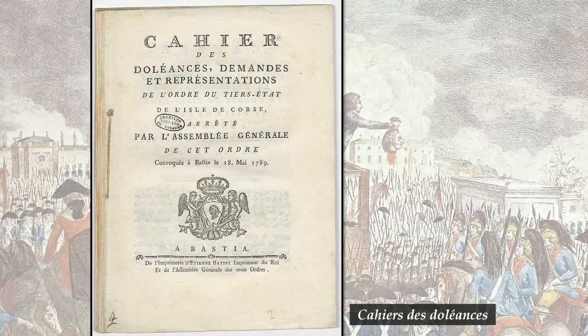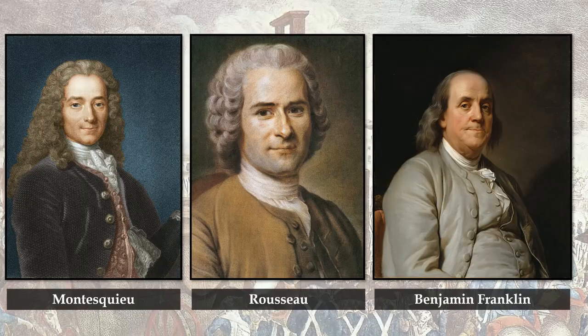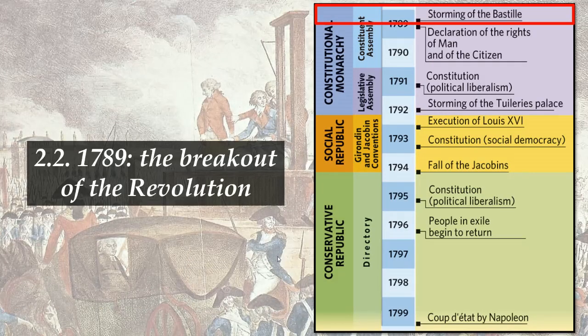And to this States General, the people of France wrote a lot of cahiers de doléances, which is a complaint notebook, we can translate it like that, in which they demanded a lot of improvements to their life.